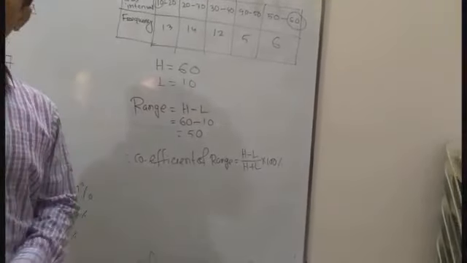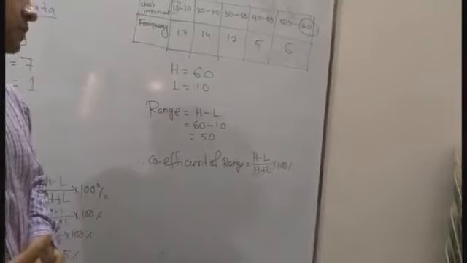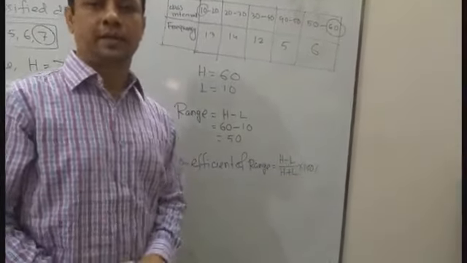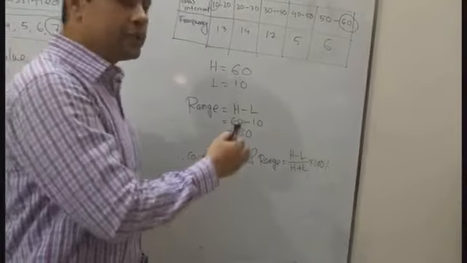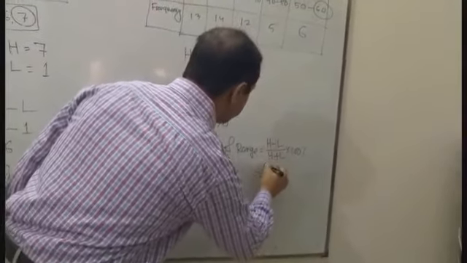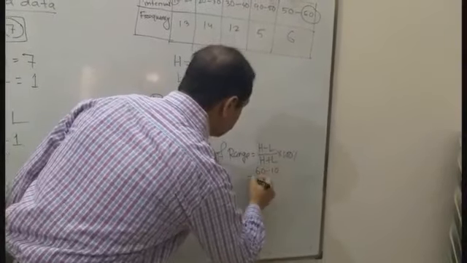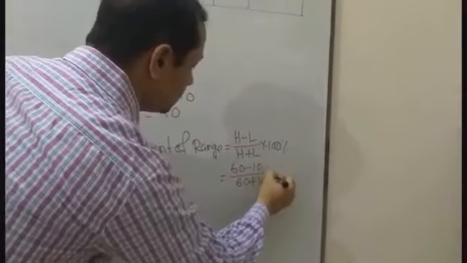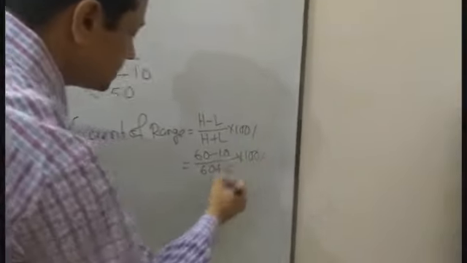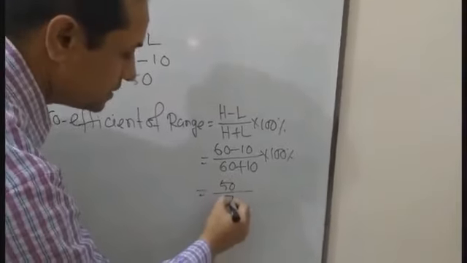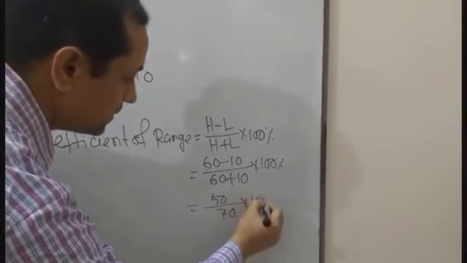Now putting the value of H and L: H is 60, L is 10, so 60 minus 10 by 60 plus 10 into 100%. So 50 by 70 into 100%.